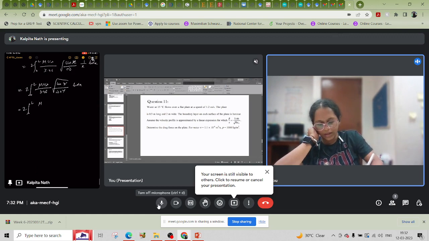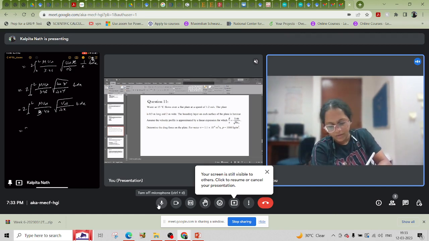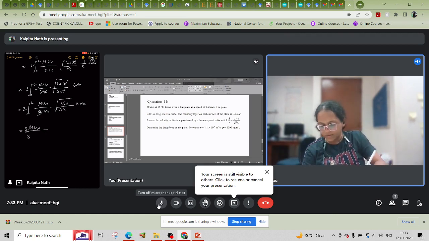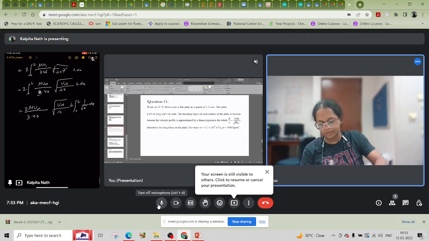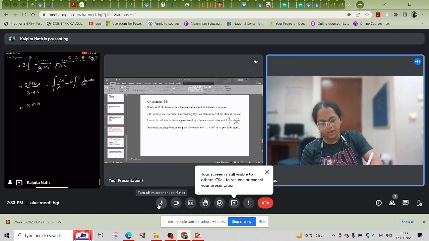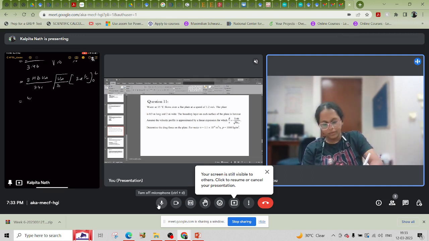This equals 2 mu u infinity b by 3.46 root over u infinity by nu, times the integral from 0 to L of 1 by root x dx. 2 mu b u infinity by 3.46 root over u infinity by nu, times 2x to the power half from 0 to L, which is 4 mu u infinity b by 3.46.